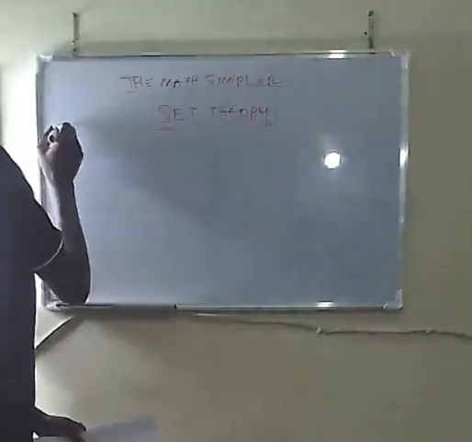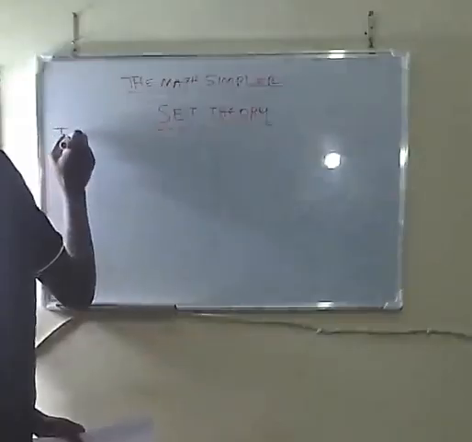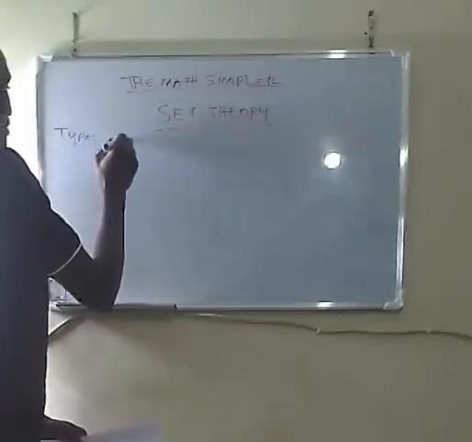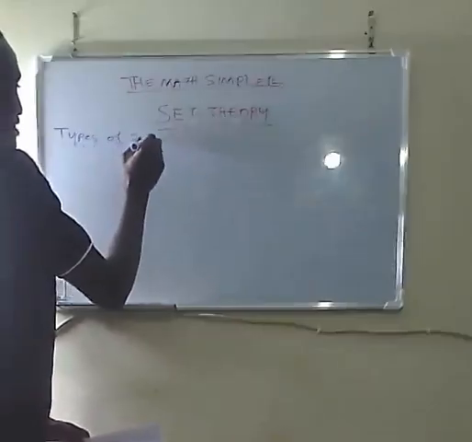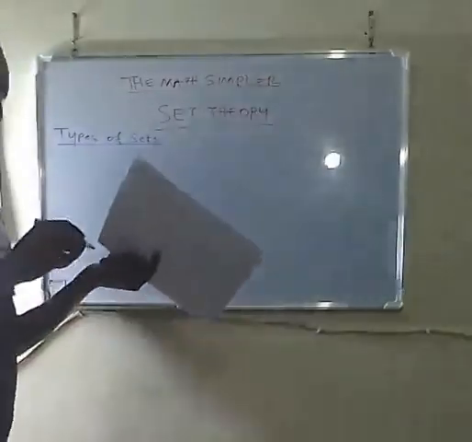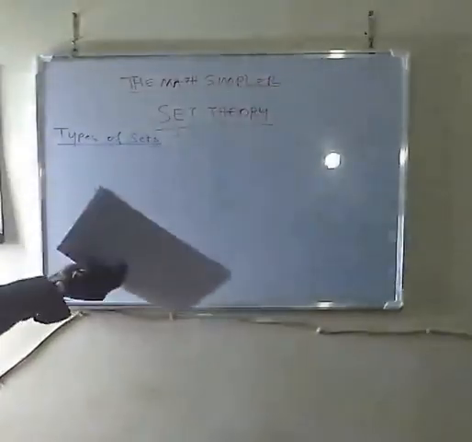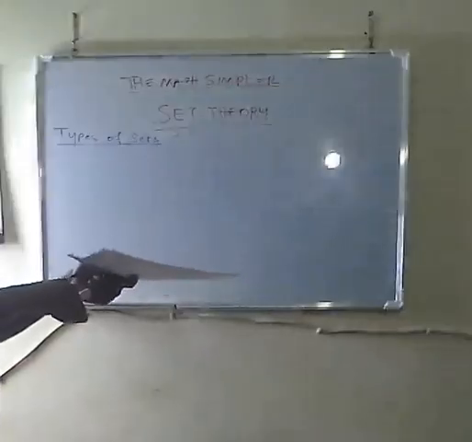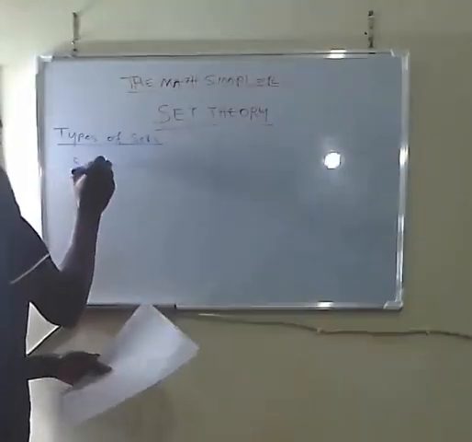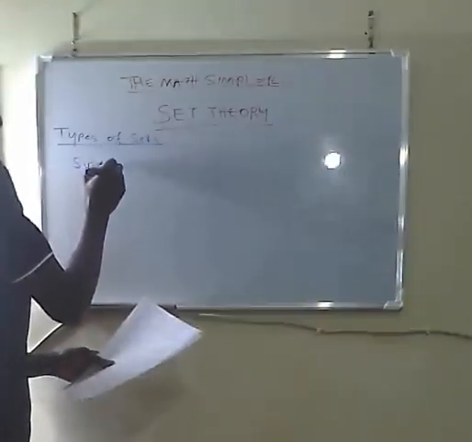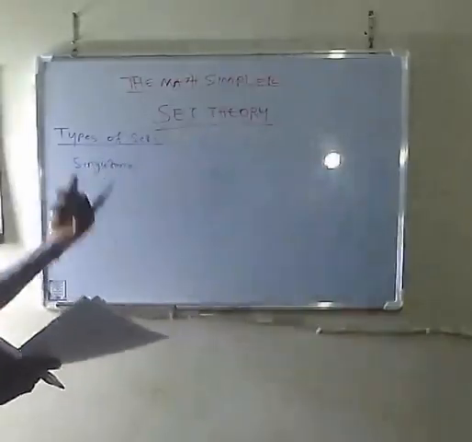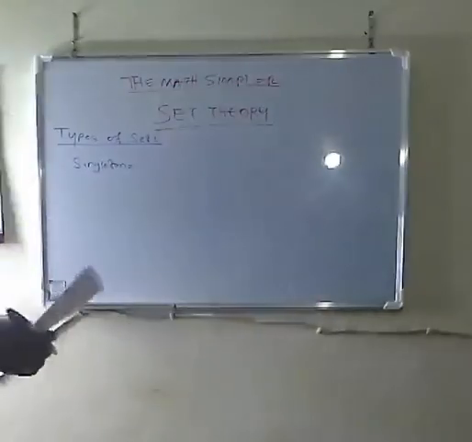We have types of sets. Number one, we have something called a singleton. When you hear the word single, it means one. A singleton set is a set with only one element.